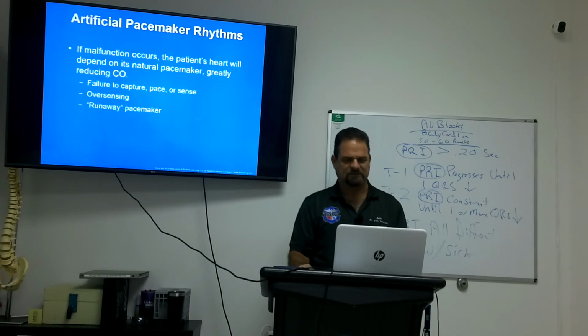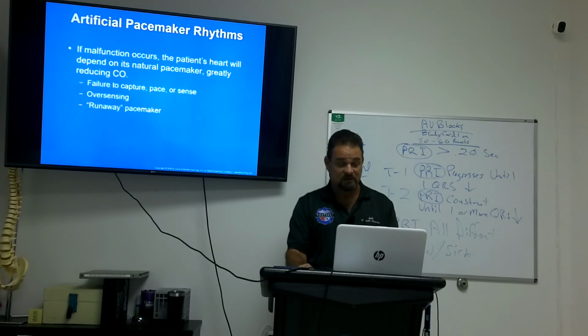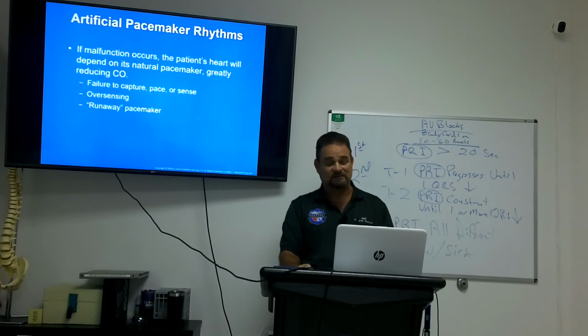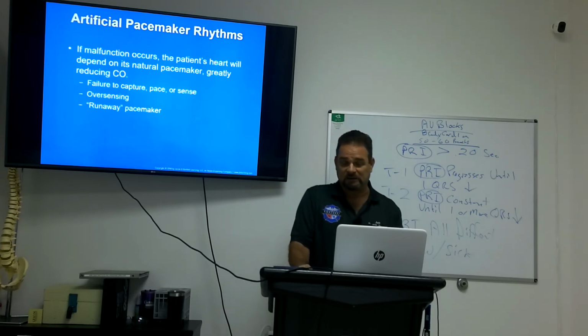Failure to sense is indicated on the ECG by the appearance of pacemaker spikes within the P waves, QRS complex, or T wave. This is a malfunction. Usually it's caused by a power failure or pulse generator failure, broken lead wire, an excessively high sensitivity setting, or battery depletion. Then you can have oversensing and runaway pacemaker.